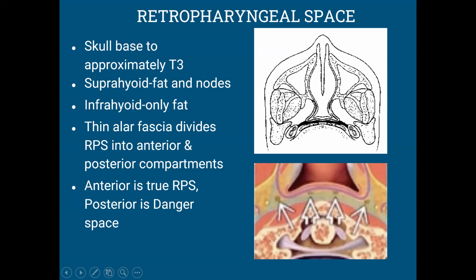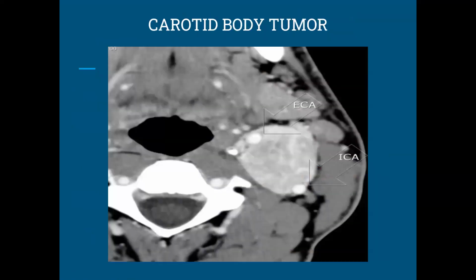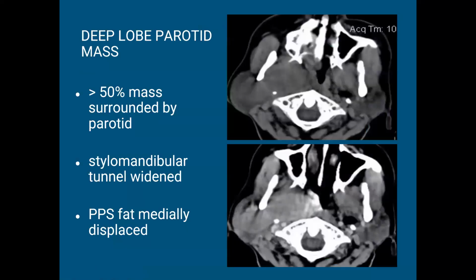Can you show us the carotid body tumor again, and show how it is pushing the space anteriorly? Is it in the post-styloid compartment? Yes, sir. As against the deep lobe of the parotid, which is in the pre-styloid? Yes, sir. Where is the styloid process in the carotid body tumor?